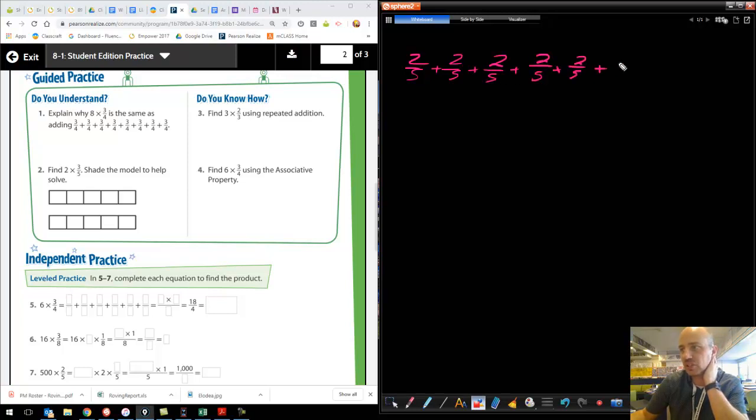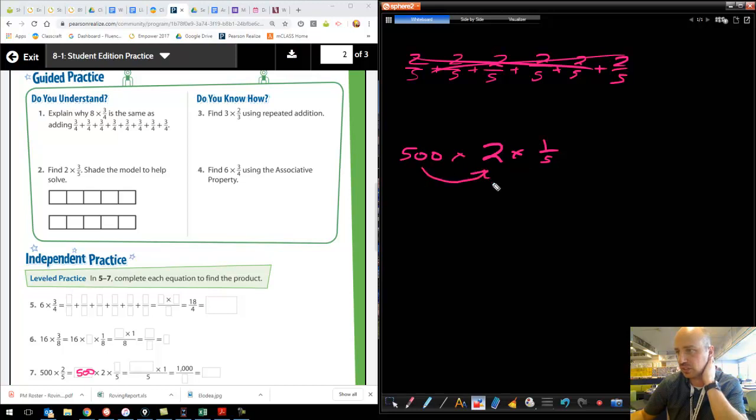I can't really do 500 2/5. That's not going to be realistic. So what I'm going to want to do is say to myself, okay, that is equal to 500 times 2. So I'm going to use the associative property to say that 2/5 is really 2 times 1/5.